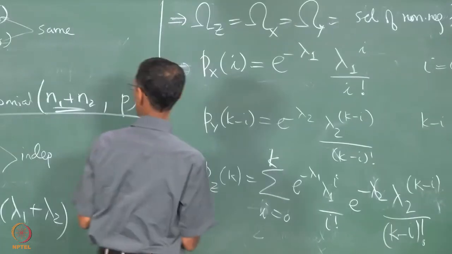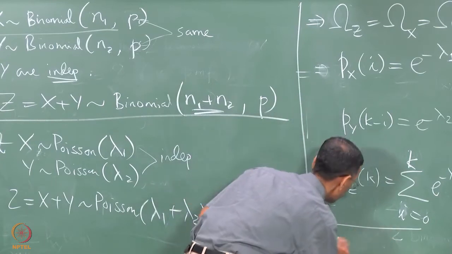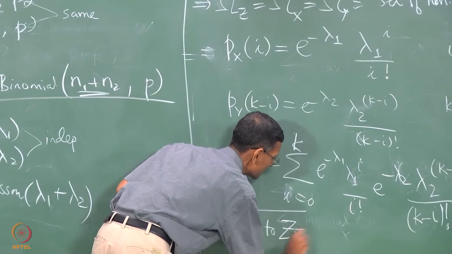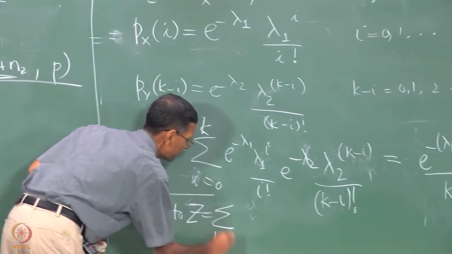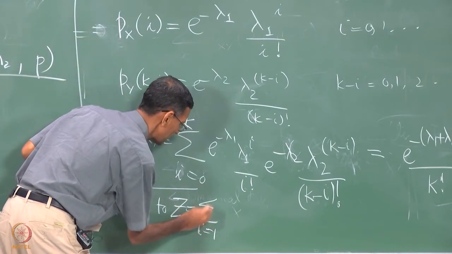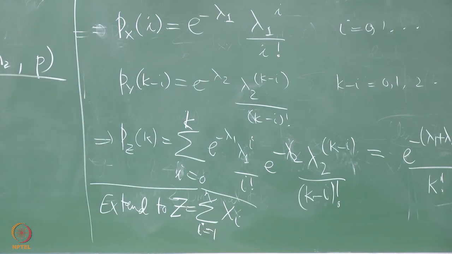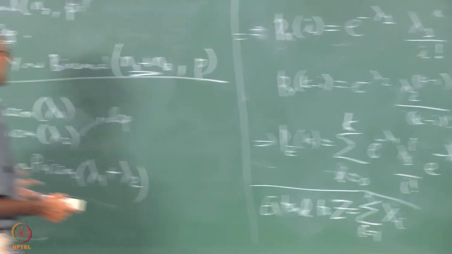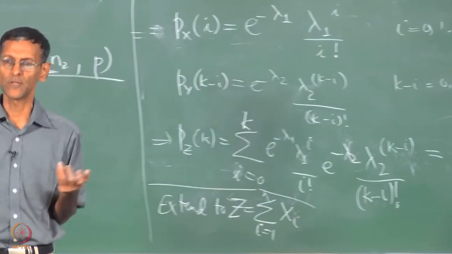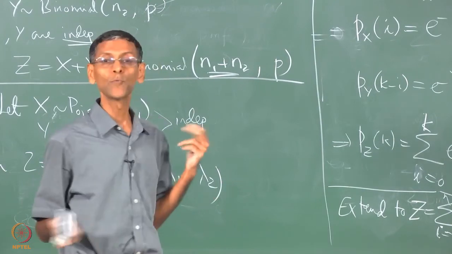Instead of just looking at x plus y, I can extend to z equal to sigma i equal to 1 to n of xi, in the sense that I can do it pairwise. Supposing the xi's are IID Poisson with some lambda, what is that sum going to be?